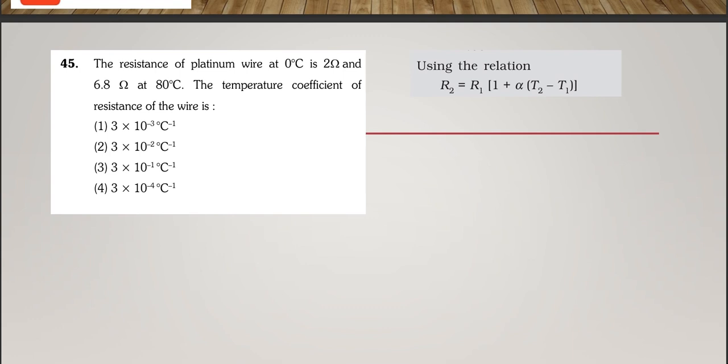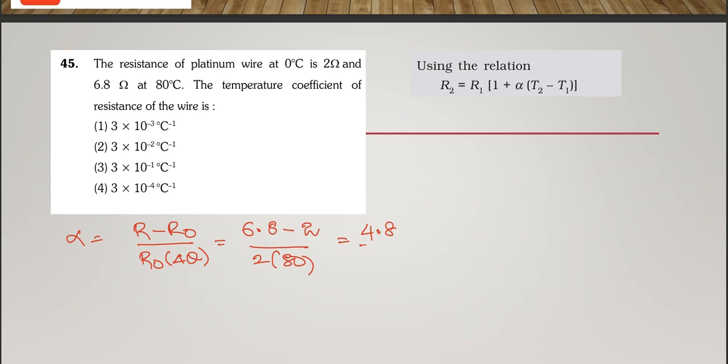Now this is from current electricity. They are asking for the temperature coefficient. So alpha is equal to, we have this formula, (R minus R naught) by (R naught into delta theta). Here R is given as 6.8 minus R naught, that is at 0 degrees, 2, by R naught is 2 into delta theta is 80.